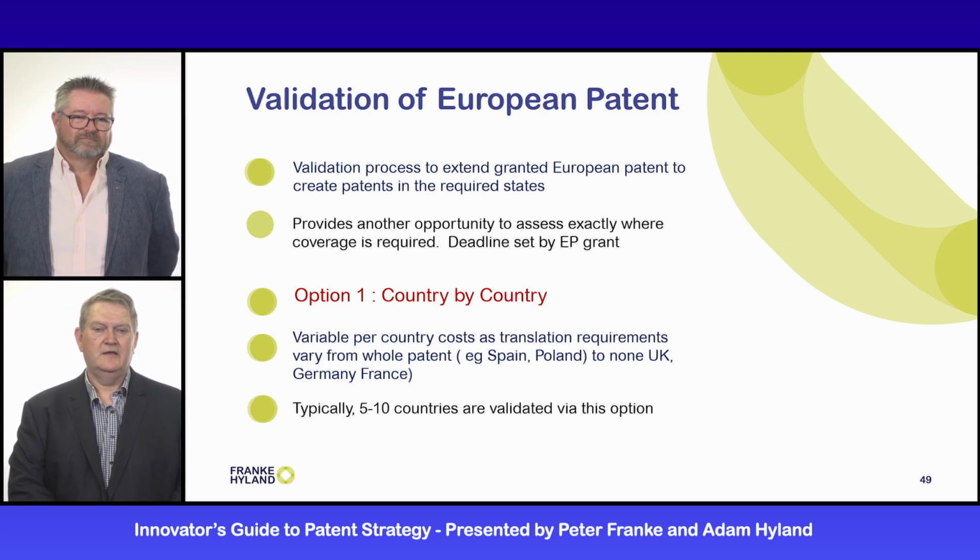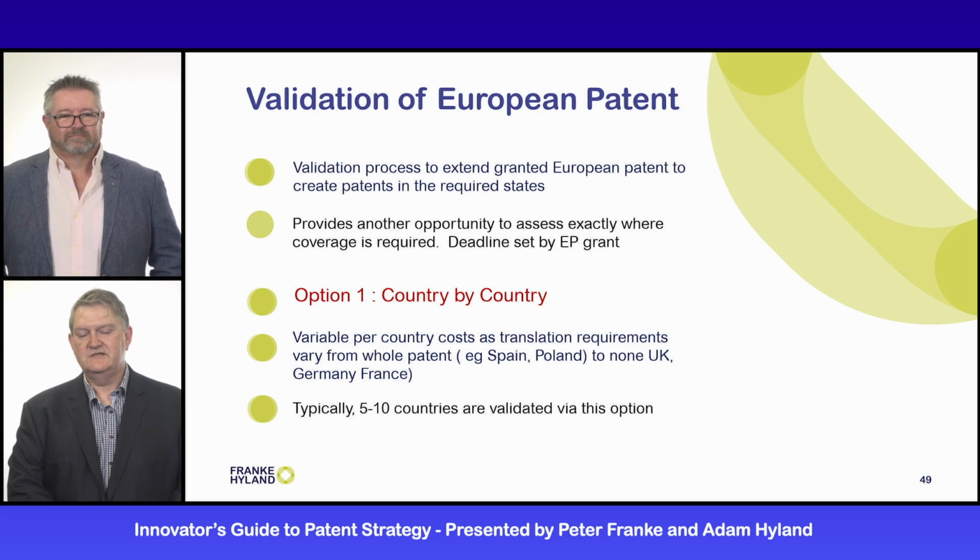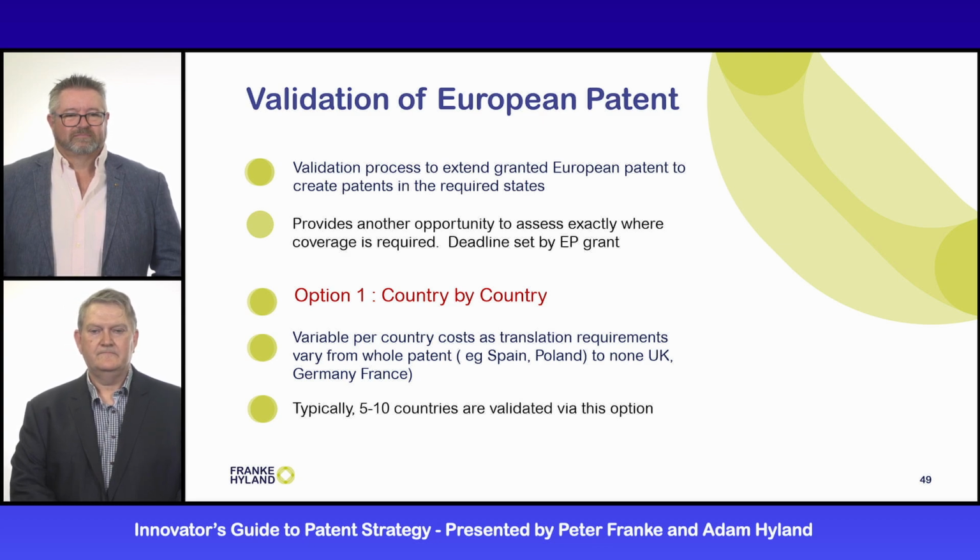Some of them are thousands of dollars because they require varying degrees of translation. Some countries, 7 or 8 of them, normally require a translation of the whole text into their local language. And if you imagine doing that for multiple countries, it can be pretty expensive. Most commonly people end up validating in somewhere between 5 and 10 countries in my experience, out of the 38.